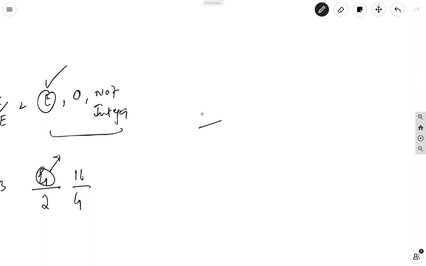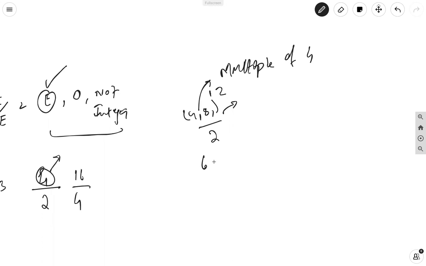If this is 2, the numerator must be 4 or 8 or 12. If I take any other value, let's suppose 6, the result is 3. If I take 10, the result is 5, which is not possible.